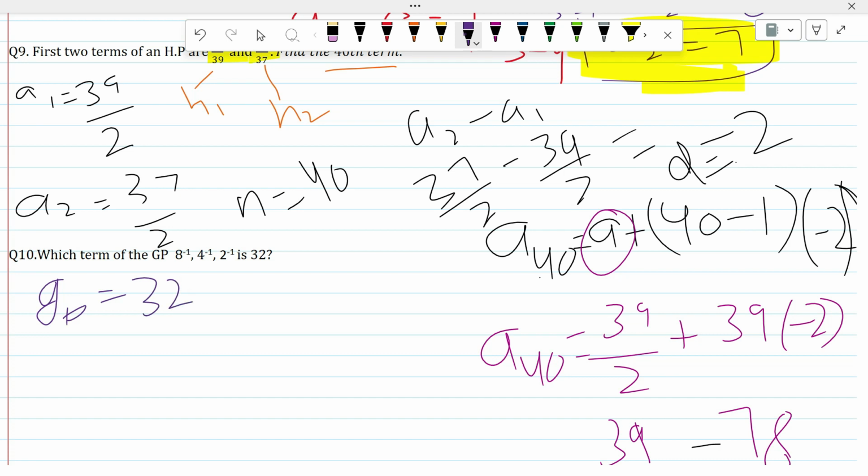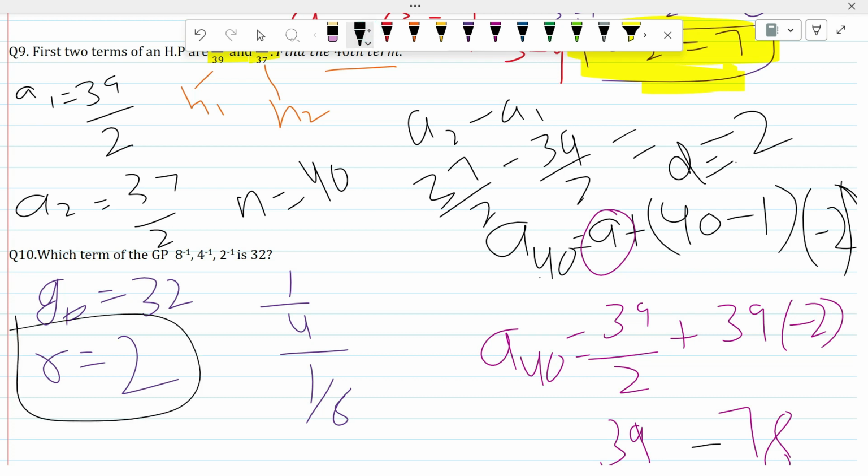Now, for this, we need to get some information over here. The common ratio here would be what? Let's find this: 1 upon 4 upon 1 upon 8, right? Yeah, I get the common ratio, which would be 2 actually. If you solve it, you will get this, right? Let me highlight this thing.